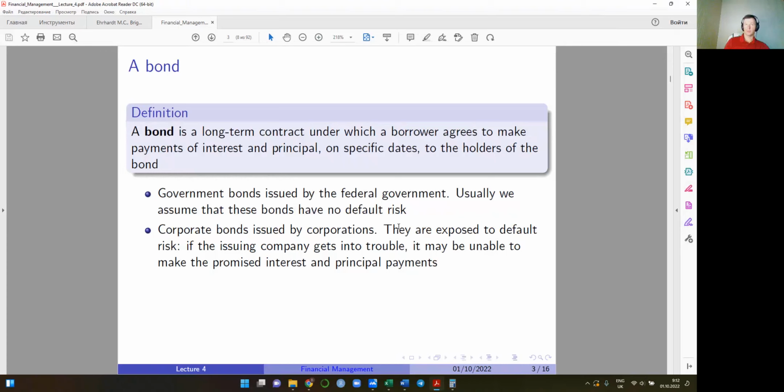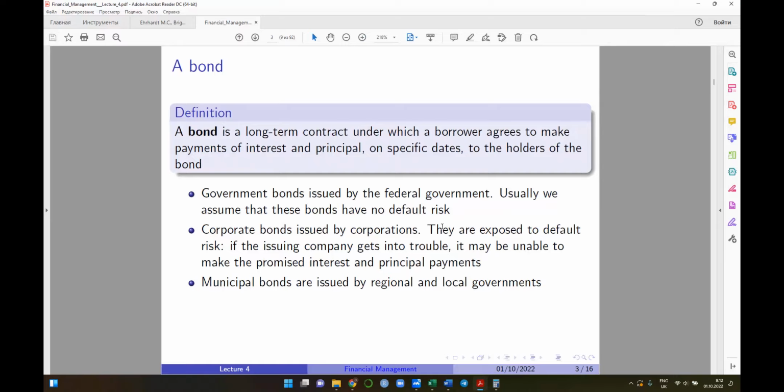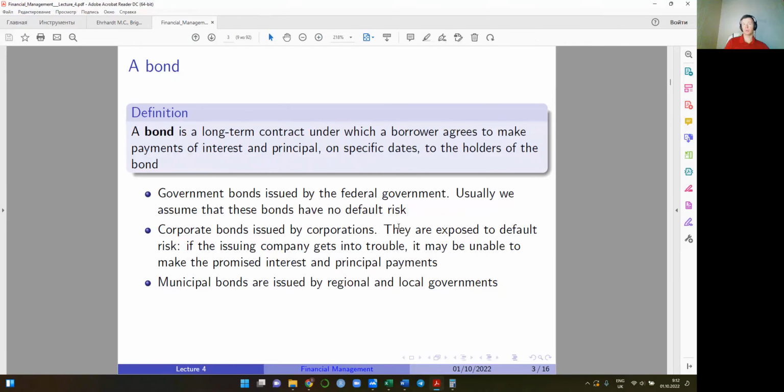Then corporate bonds, issued by corporations. These corporate bonds are exposed to default risk. If a company gets into trouble, if a company receives no money, it might be possible that this company is unable to pay promised interest and principal payments. There are also municipal bonds issued by regional and local governments, depending on the governmental structure of a country.